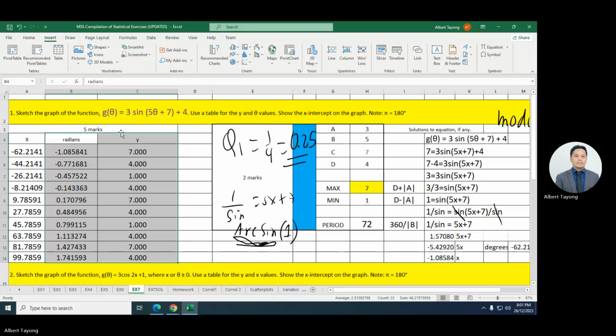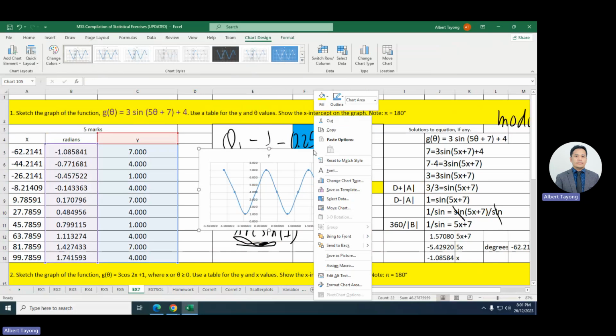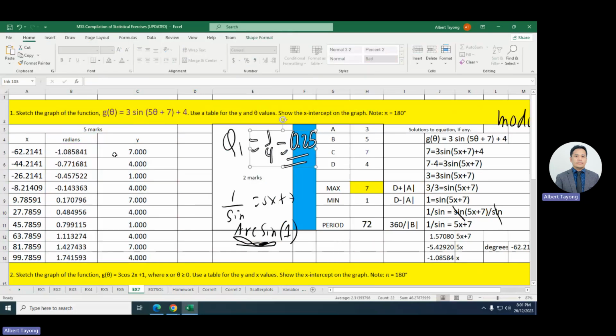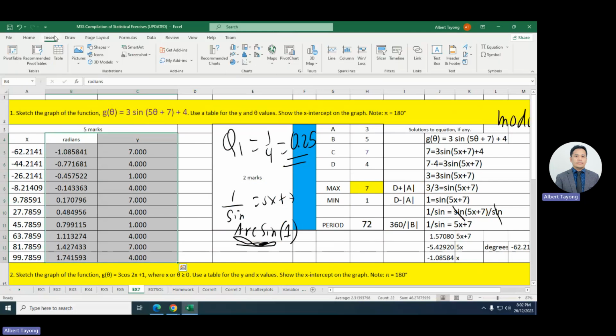Insert. Only the last 2 you're going to graph. Insert this one. Scatter the second one. Again, we select the last 2 columns. Don't include the x.